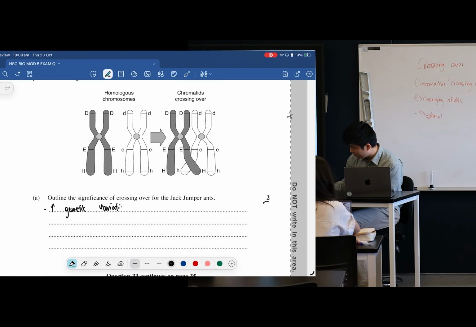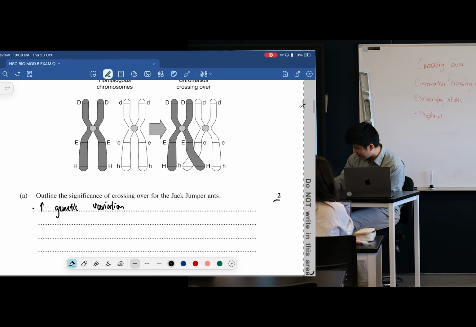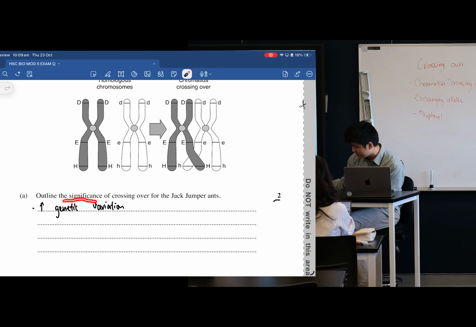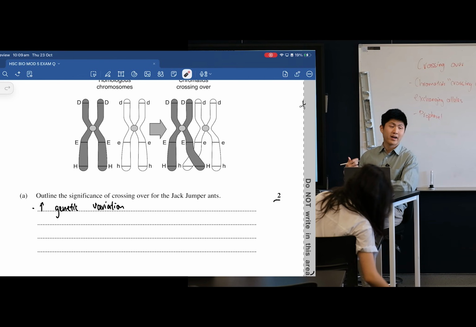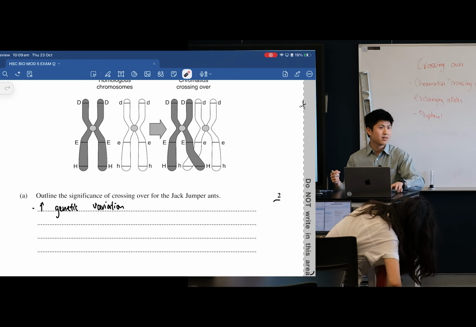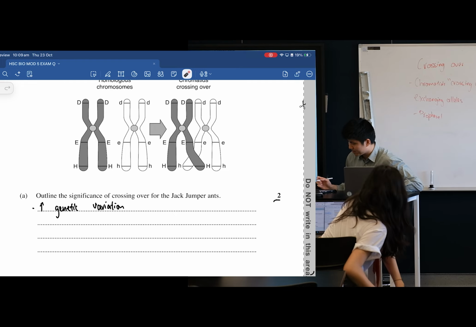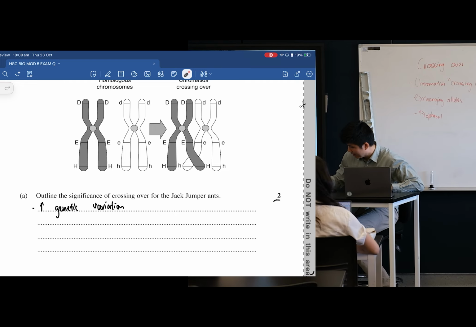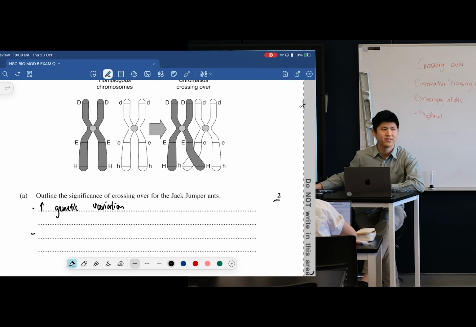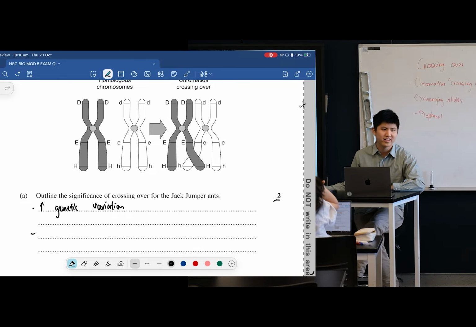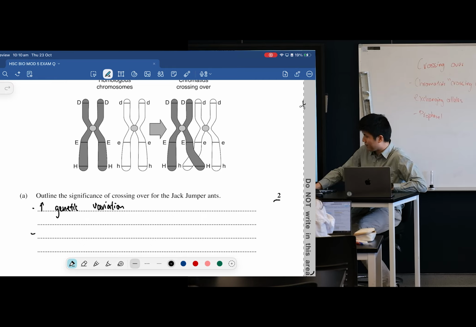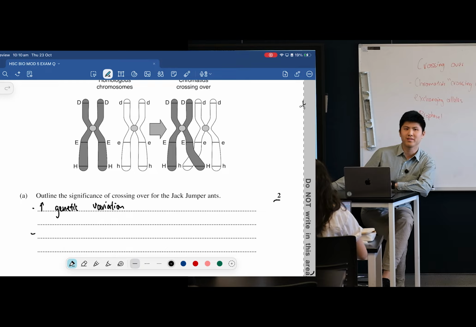Right now, if you read the question carefully, it says outline the significance of crossing over, right? So genetic variation happens. I think for this question, we actually have to also say why genetic variation is significant, right? So just a general statement on that will do. Can someone tell me why genetic variation might be important? Thinking back to year 11.